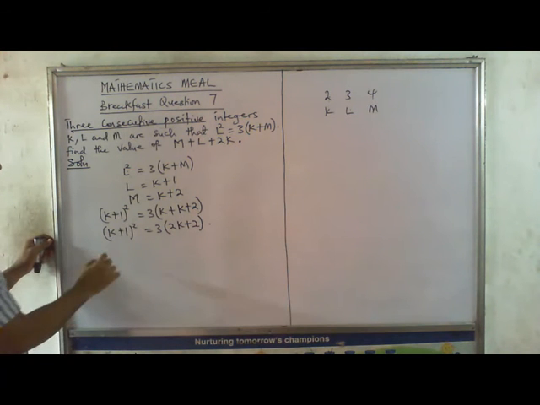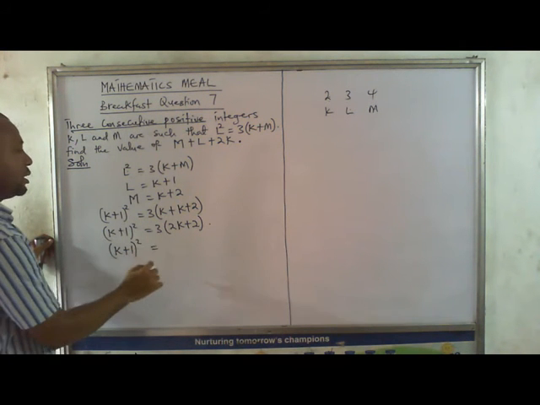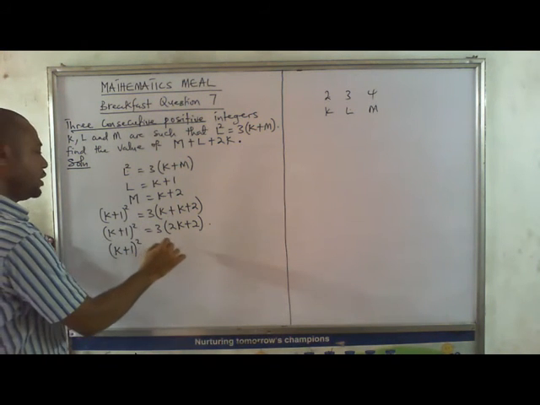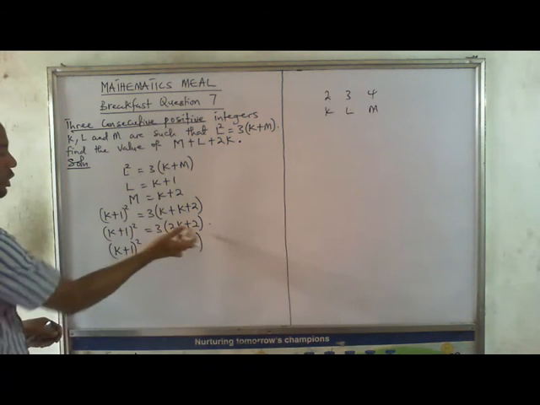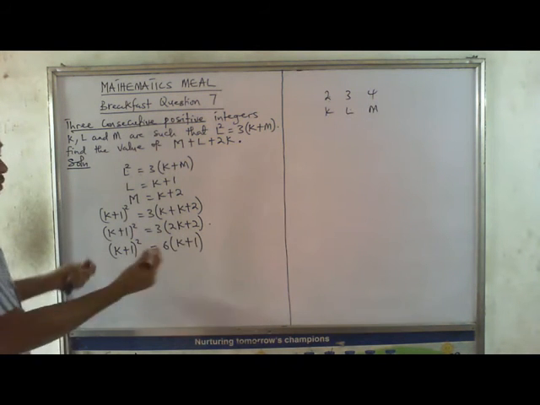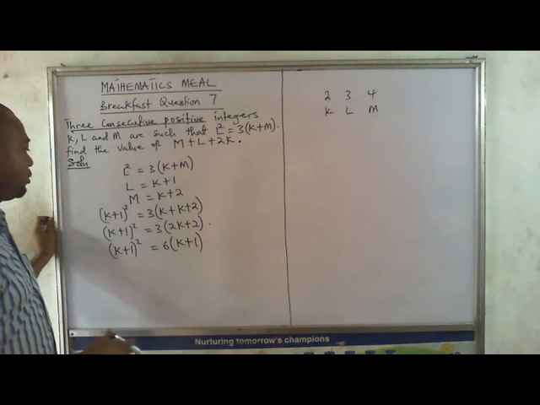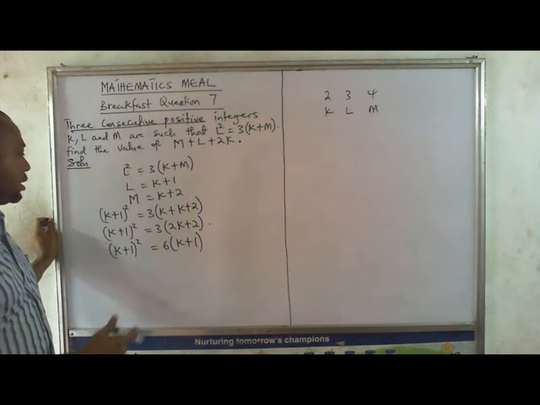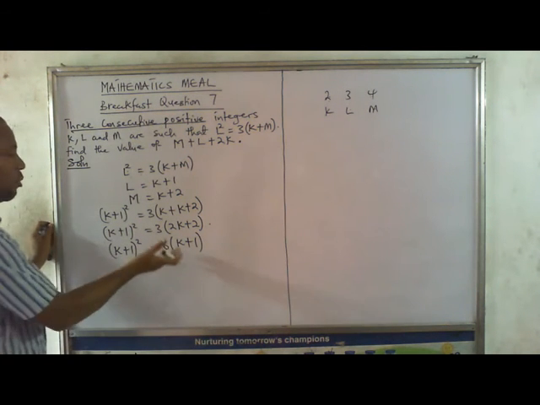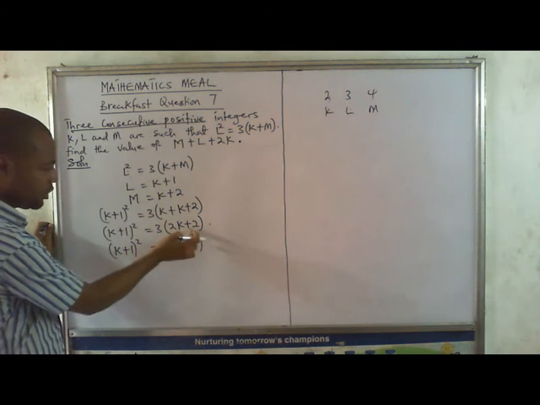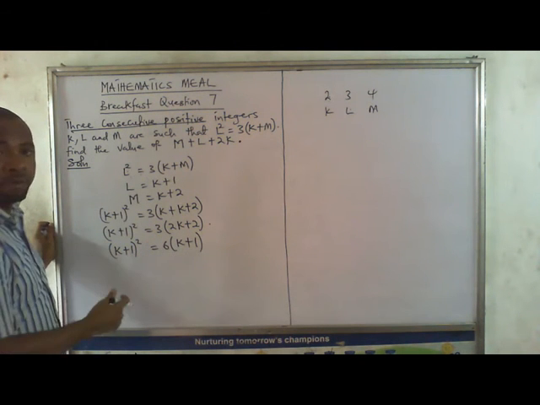That's still beautiful. We have k plus 1 squared is equal to 6 bracket k plus 1, because 2 is common. Someone may say, let's solve it this way first. I do this because when 2 is factored out, I have a similar term that can divide both sides.